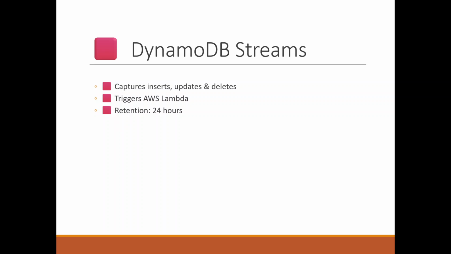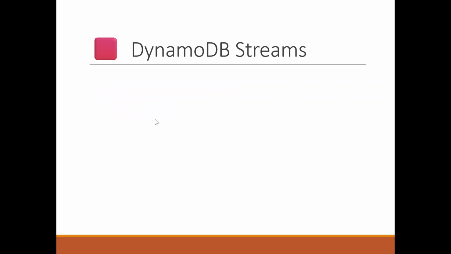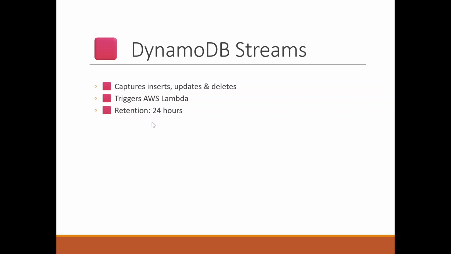Each event includes a before image, after image, and timestamps. Use streams plus Lambda for sending emails, logging, syncing data, and trigger-based workflows. Events are retained for 24 hours. Its retention period is 24 hours.